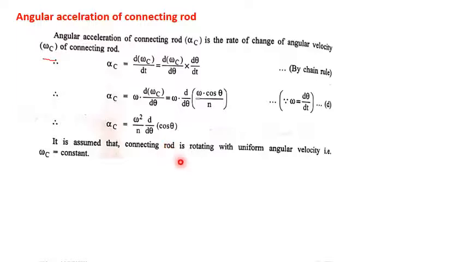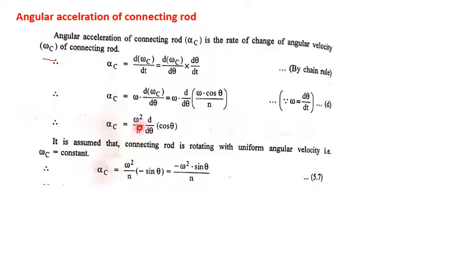Here also we are going to consider two conditions. One is when the connecting rod is rotating with uniform angular velocity. When the connecting rod is rotating with a uniform angular velocity, this omega c becomes constant. So what happens to the above equation?